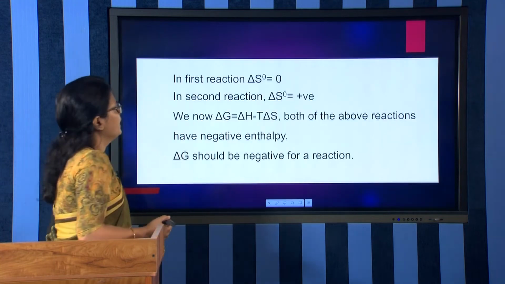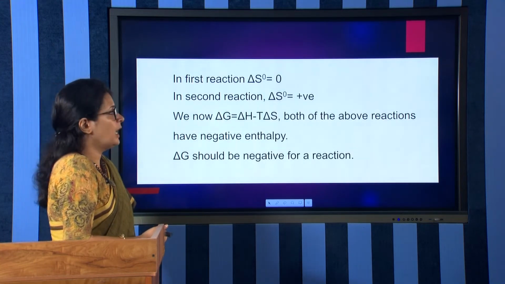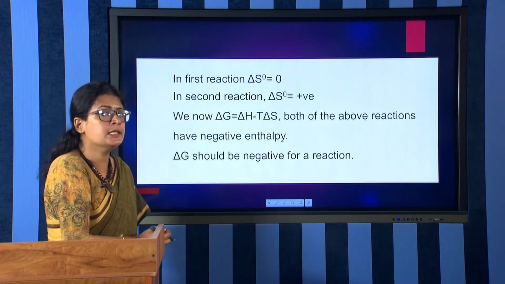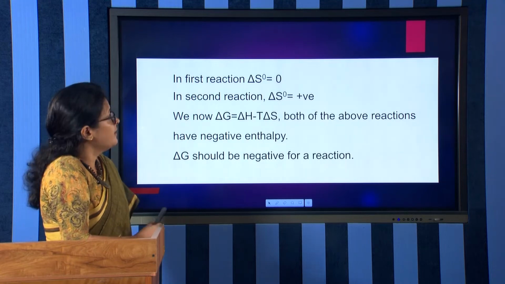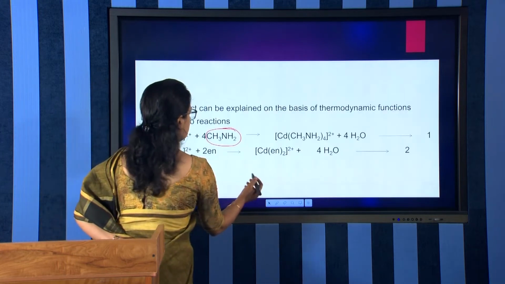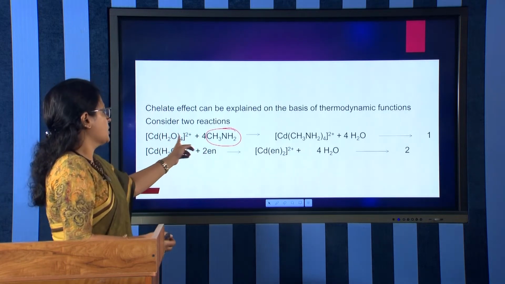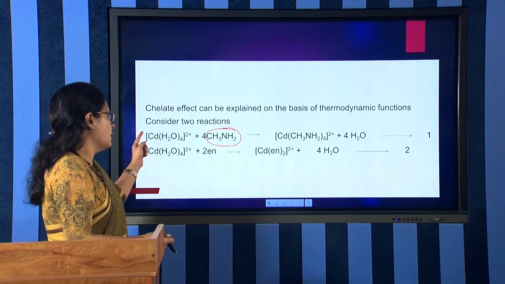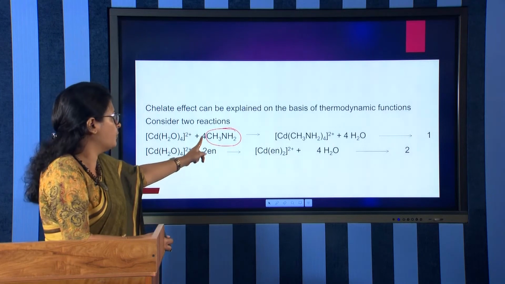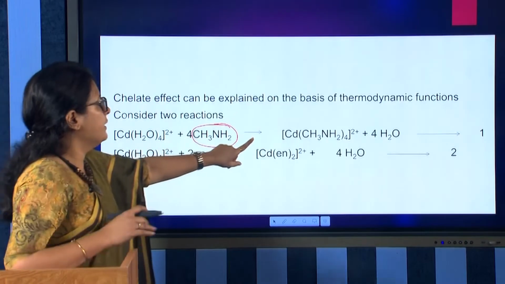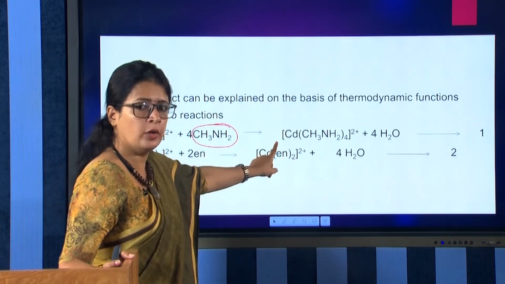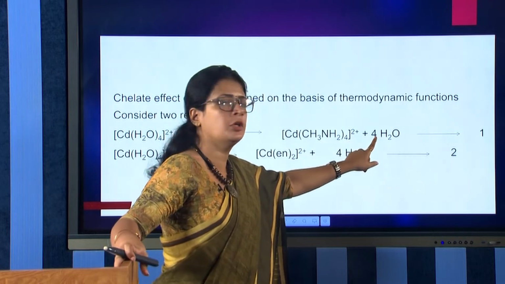Now, in the first reaction, delta S0, the change in entropy, is 0. How did it become 0? See this. In the first reaction, how many molecules are reacting? 1 molecule of the complex is reacting with 4 molecules of the ligand, 4 plus 1, 5. On the product side, one molecule of the complex is formed, and 4 molecules of water are formed.